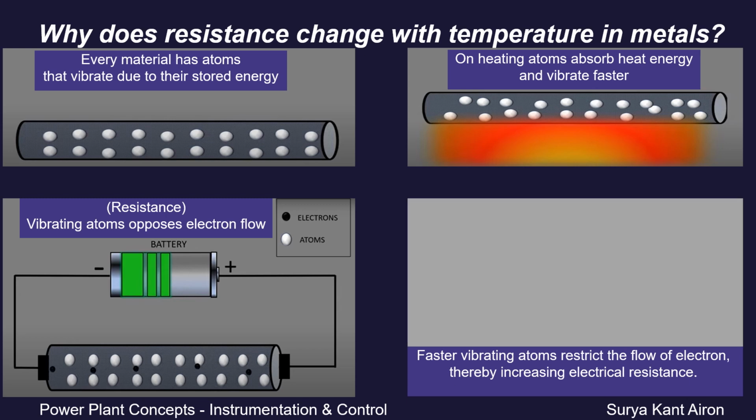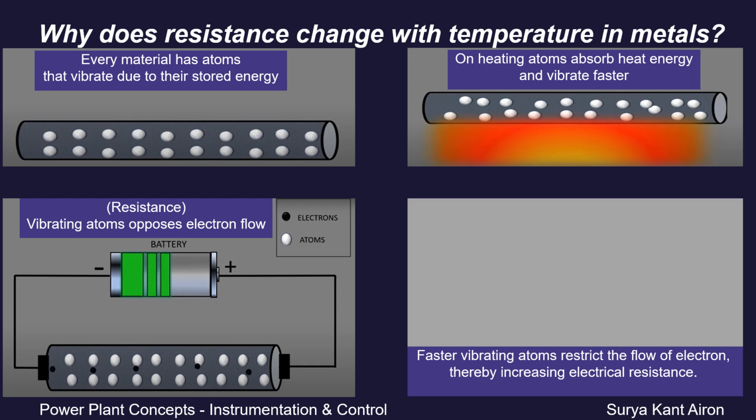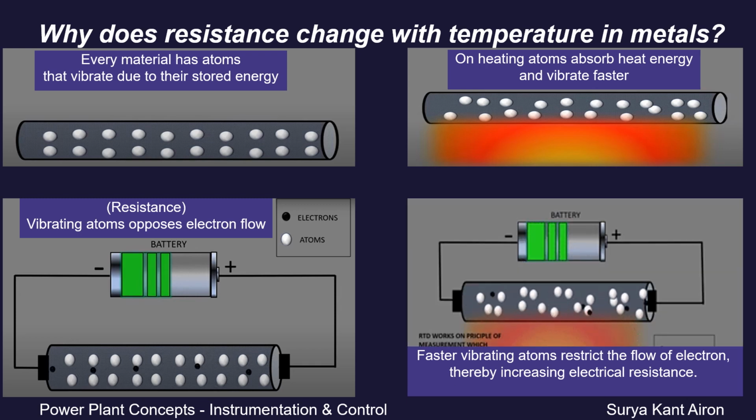Now coming to the question, why is this resistance changing? On heating this material, the atoms absorb the heat energy and thus vibrate at a much faster rate. So the collision of the atoms with the flowing electrons also increases, and thus the resistance value increases. Clear? On heating, atoms absorb the heat energy and start to vibrate much faster.